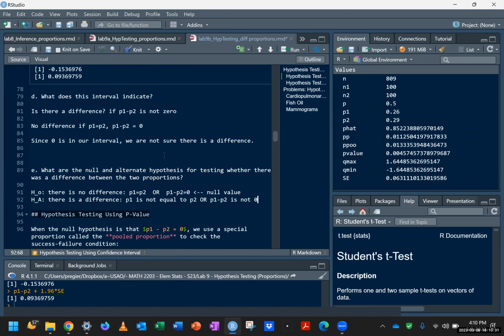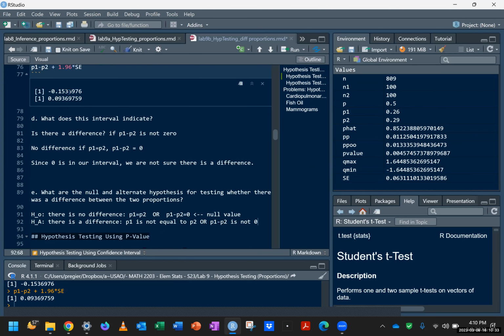So you can see, since our null value is contained within our interval, we don't have evidence to reject the null. The null is very plausible. It's plausible that there is no difference. I'll write that here. That helps. No difference. The null hypothesis is reasonable.